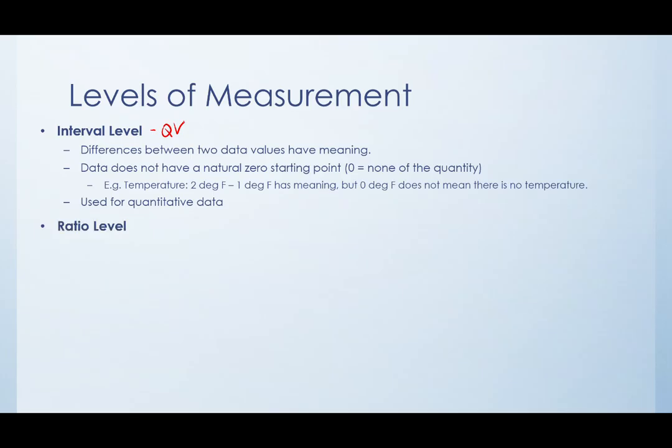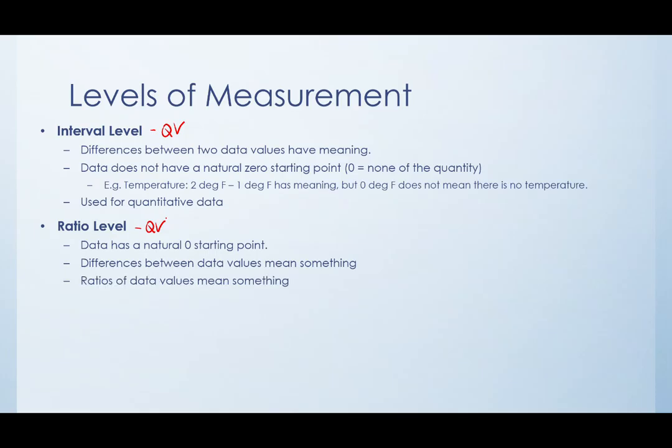It is used for quantitative variables, quantitative data, and really temperature and maybe year is about the only examples I've ever found for this one. More common is ratio level for quantitative data. Here your data has a natural 0 starting point. So like if I'm measuring height, a height of 0 would mean that you're flat, right? That you are flat, Stanley. So differences between your data values mean something, but also the ratios mean something.